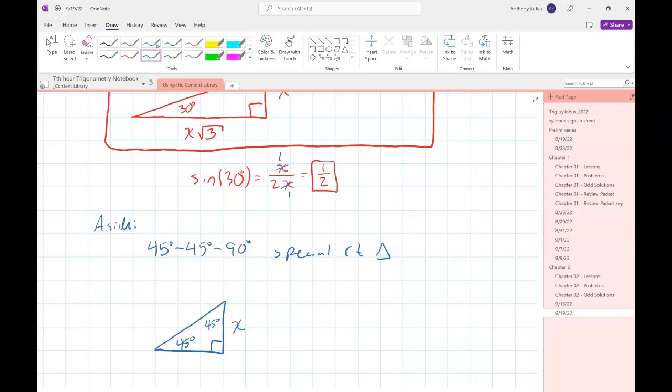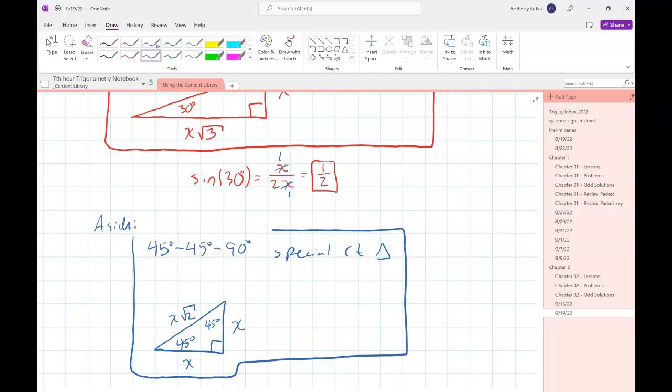And the ratio of side lengths in the 45, 45, 90 triangle: the legs of our triangle are x, and the hypotenuse is x root 2. We all feel okay with these?